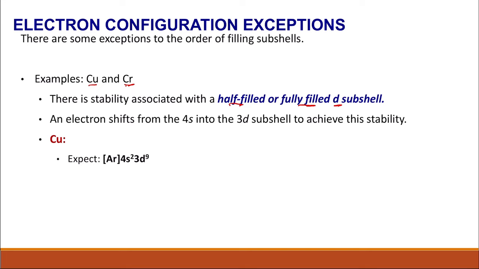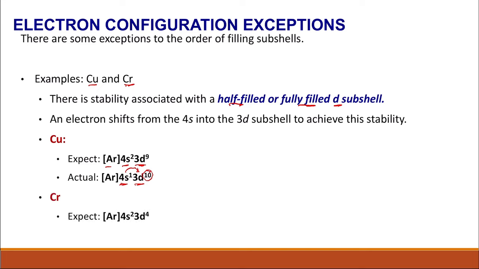So for copper, for example, the expected electron configuration is argon, then 4s2 and 3d9. But the actual one is going to be 4s1 and 3d10, because of the movement of the electron, which achieves a fully filled subshell.